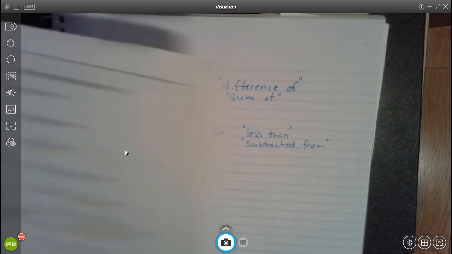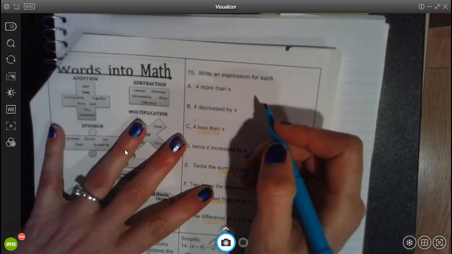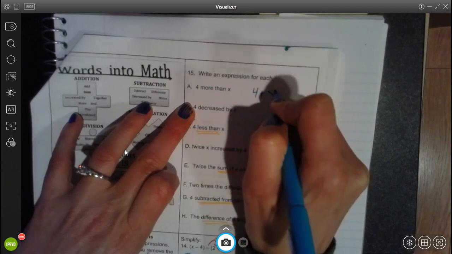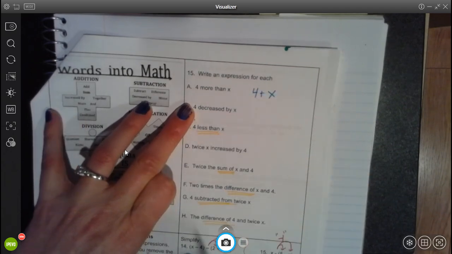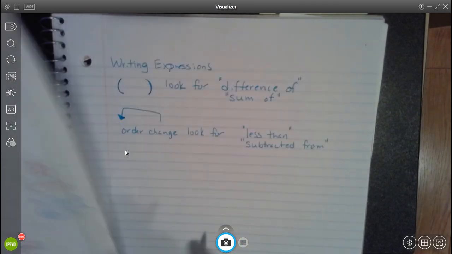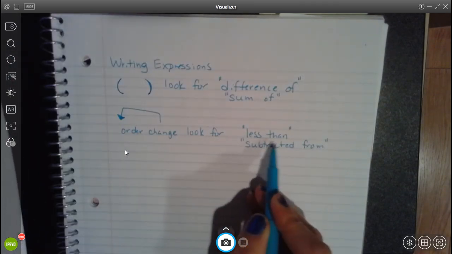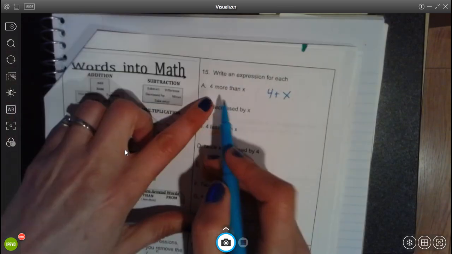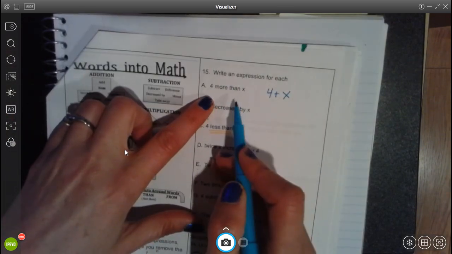Let's look at that. Let's just do again this easy one. 4 more than x. There isn't any of these phrases that I put on there. The word than is one of the words we look for, but the big one I need to really look for is less than, because with addition, it doesn't matter the order that we add in.